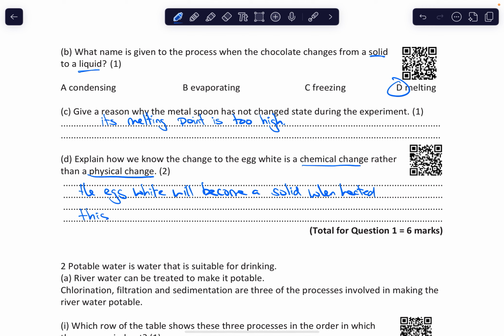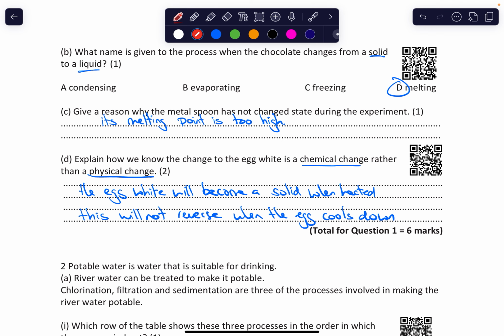This will not reverse when the egg cools down, so it doesn't go back to its original appearance. And there's 2 marks in that question. You get 1 mark for each of the points.